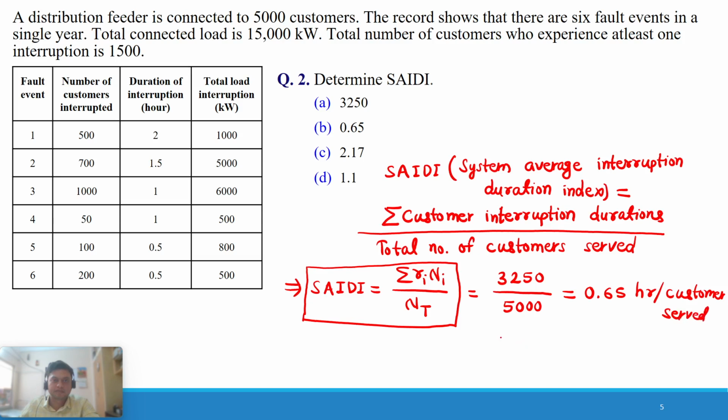And if you want to calculate in minutes, then just multiply it by 60, and you will get 39 minutes per customer served. That is, in a year, the average hour or minute of interruption per customer served, that we can calculate by SAIDI.